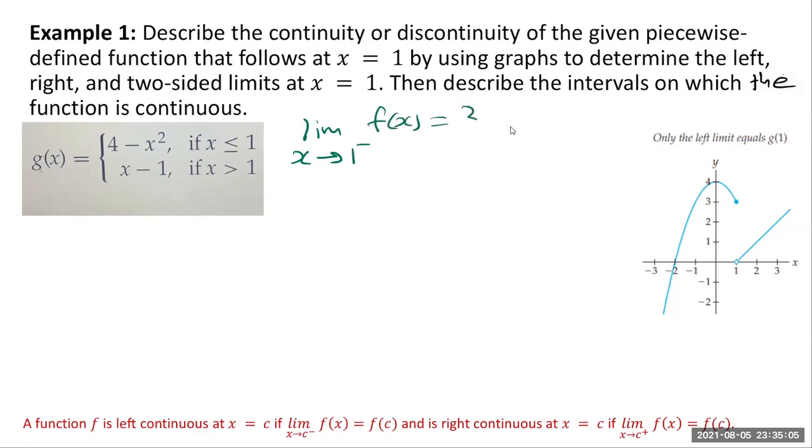Your left limit is 3, because as x approaches 1 from the left-hand side, your y value is approaching here. This is 3. And what is the right limit? The limit as x approaches 1 from the right-hand side of f of x is 0. As x approaches 1 from the right-hand side, your y value is approaching this particular y value, which is 0.